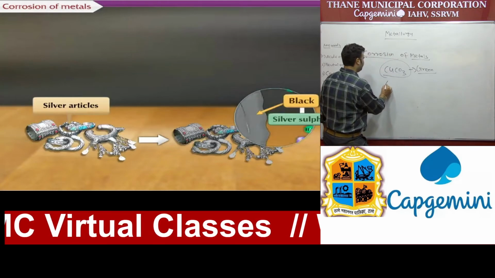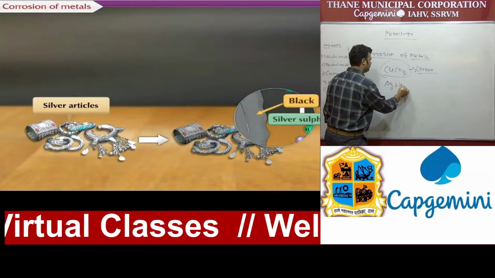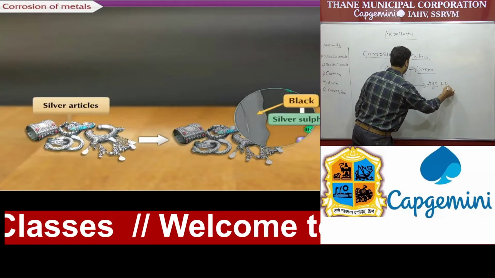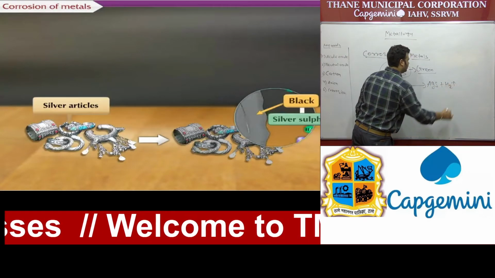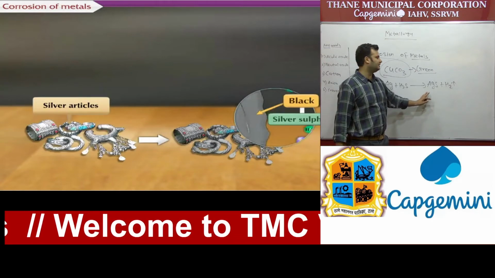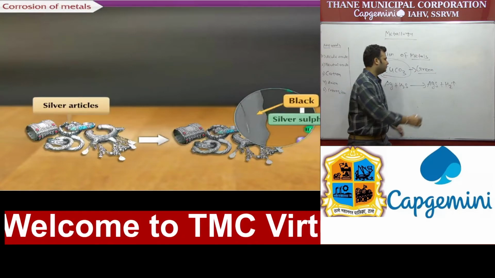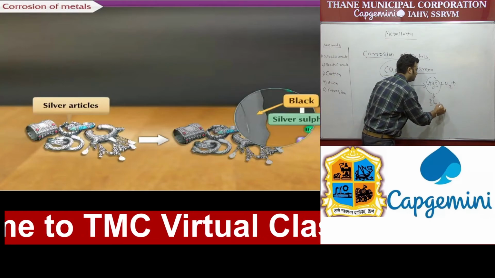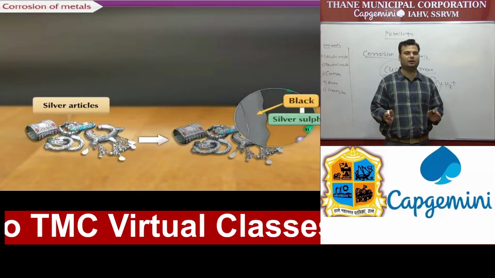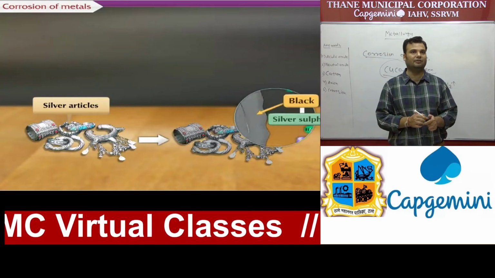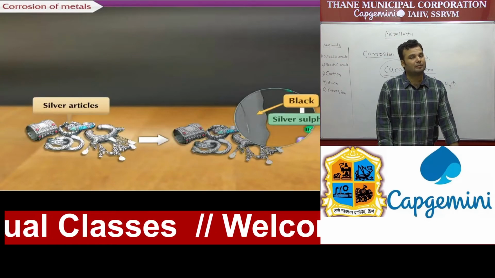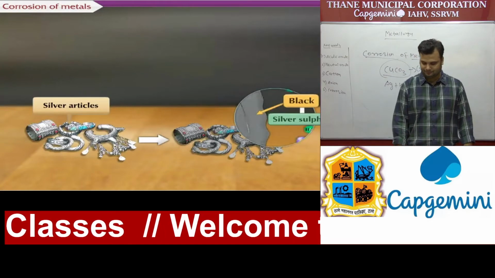So silver plus H2S react to form AgS and H2, hydrogen gas. Because of this silver sulfide, the color becomes black. In the exam they will ask what is the color of silver when exposed to air; the color is black. For copper, because of the copper carbonate, the color is green.